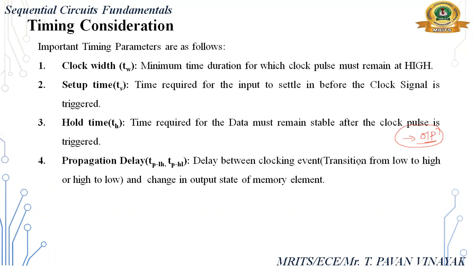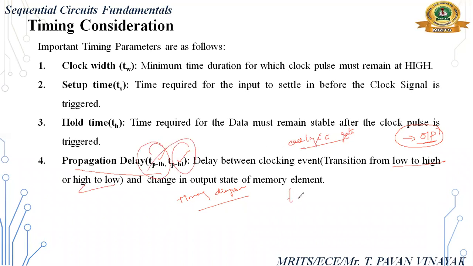It can be calculated using the timing diagram and the delays produced by each logic gate, right? These propagation delays are mostly of two types: low to high, meaning transition from low to high, and high to low.